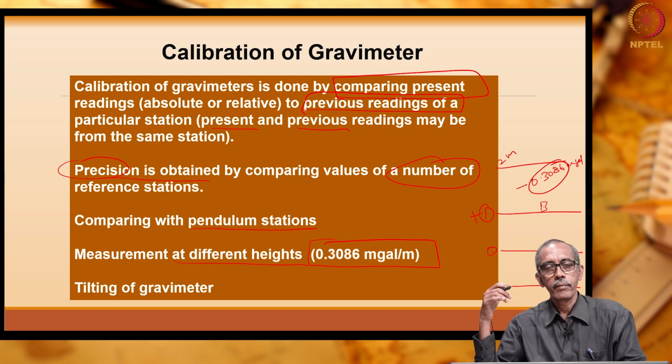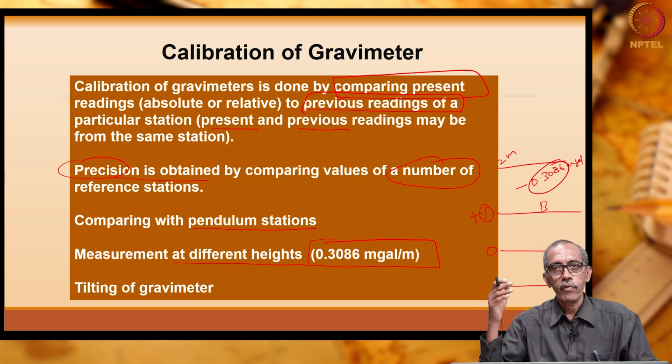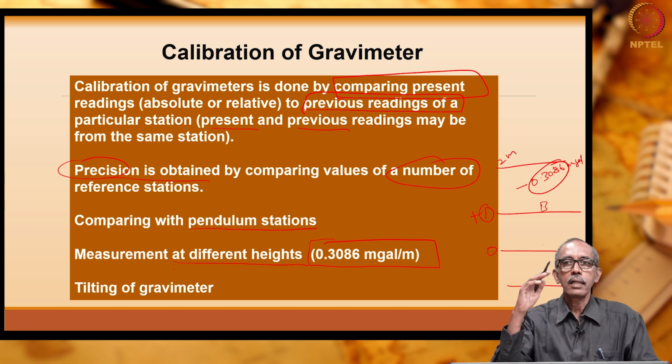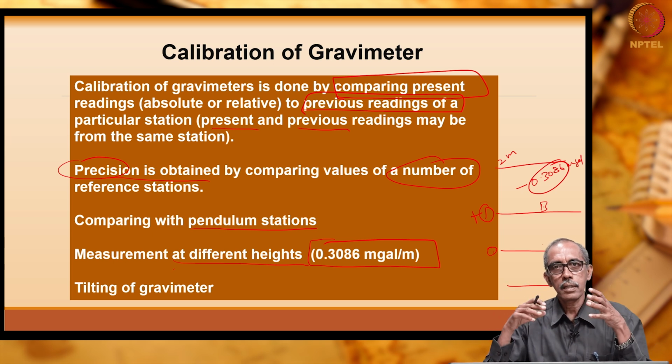Then lastly, some manufacturers provide a method of calibration by tilting the gravimeters. Gravimeters are kept essentially vertical to measure the precise G value.